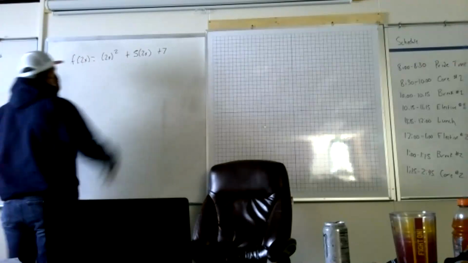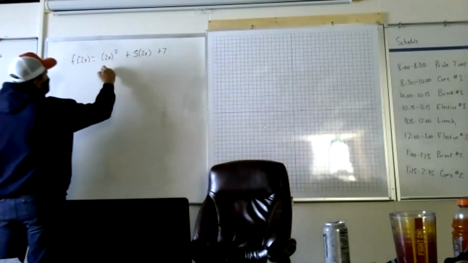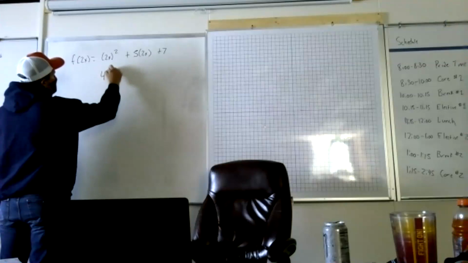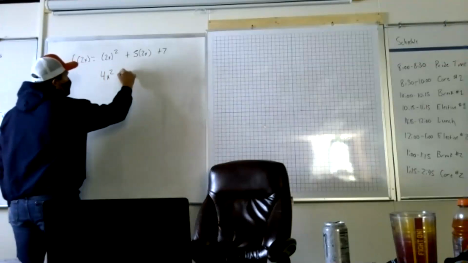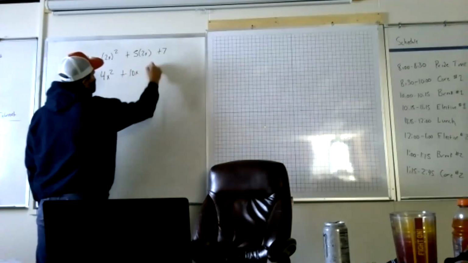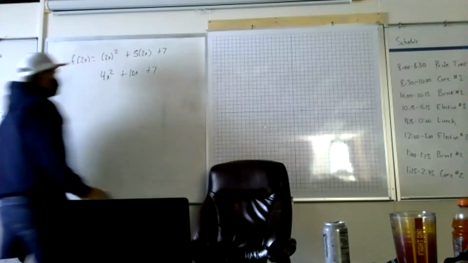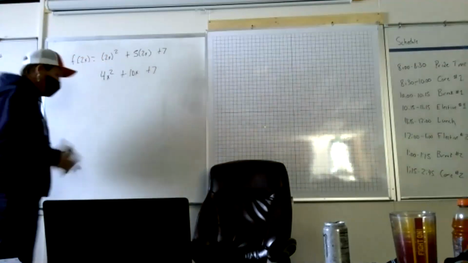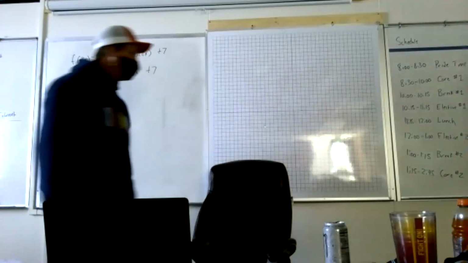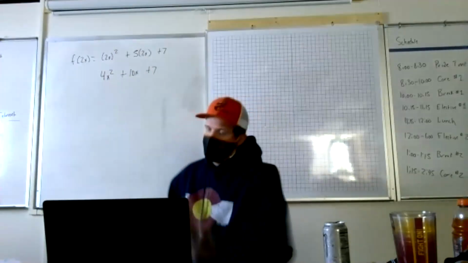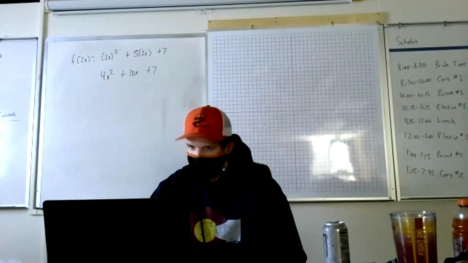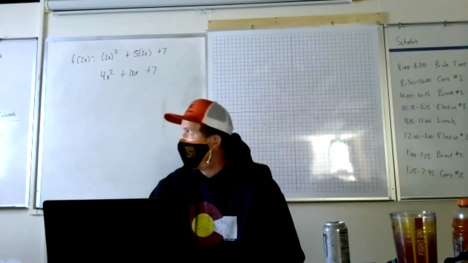Carry out order of operations. 2 squared is 4, x squared is x squared. So 4x squared plus 10x plus 7. We'd look to determine if there's any terms that we can combine, and that is not the case. So our answer is 4x squared plus 10x plus 7, which also corresponds to letter C.